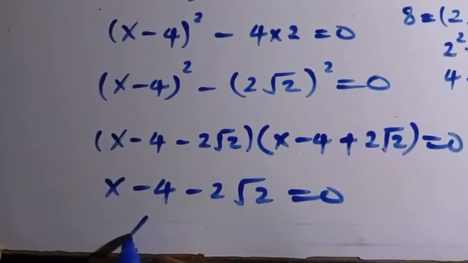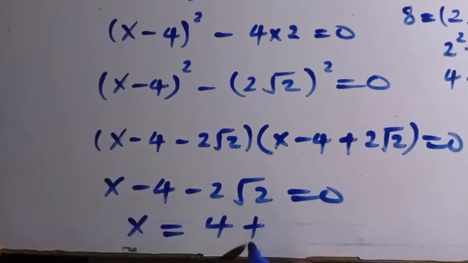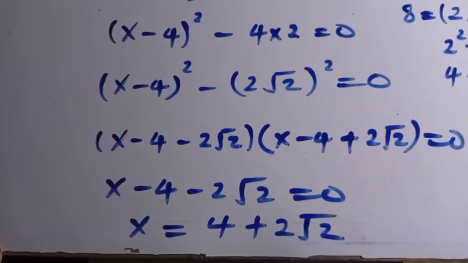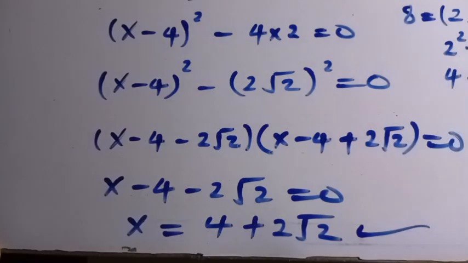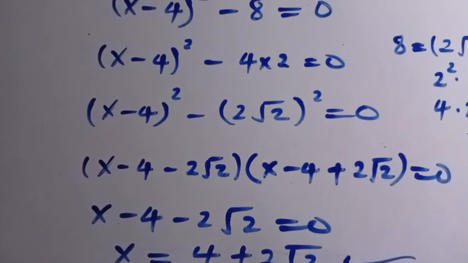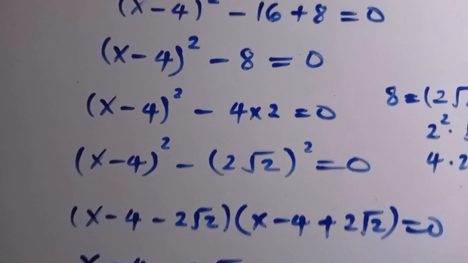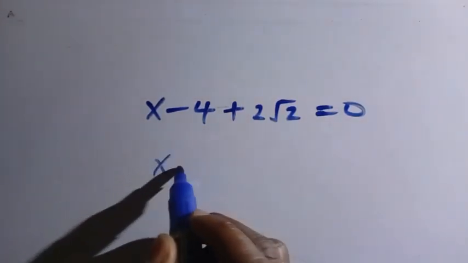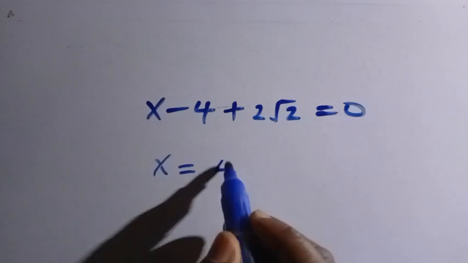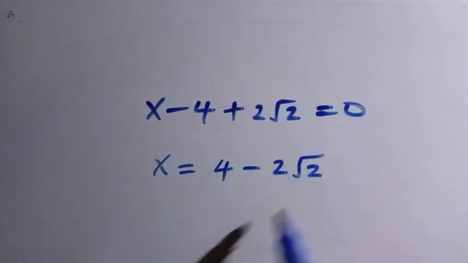By this, we have x equals, we transfer 4 and 2 root 2, that is 4 plus 2 root 2. So that is one of the values of x, 4 plus 2 root 2. And for the other part, when we transfer that one as well, we are going to have x equals 4 minus 2 root 2.